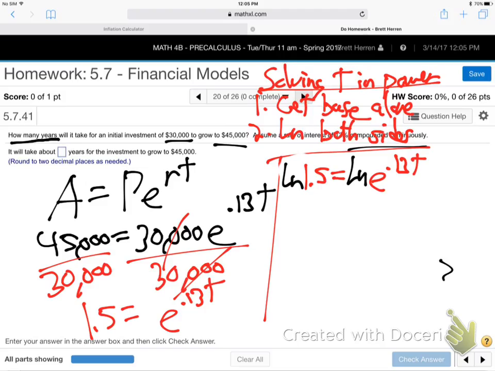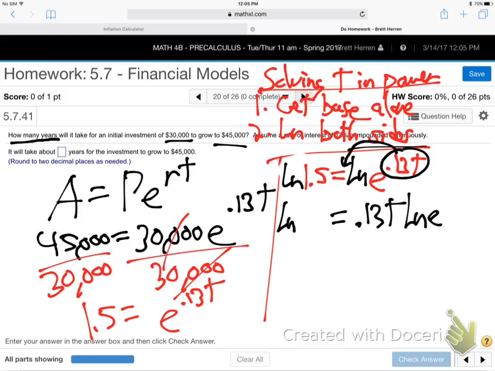And the power dethrones. It's the great quality of logs. It's really what logs do for us. It's why they're in the math curriculum, because they allow us to solve exponentials. They're the inverse of exponential functions. Everybody good to there? That power just comes down. The 0.13t just comes down to the front.